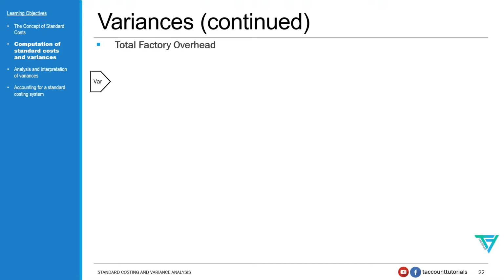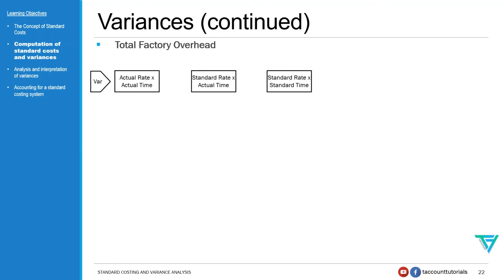Lifting from our discussions earlier, we can plot in our diagram or in our analysis both variable and fixed overhead. So we can have variable overhead here, wherein we have the three figures that we've discussed earlier. We can have here the actual total variable overhead, and then the total standard variable overhead to the right side, right?